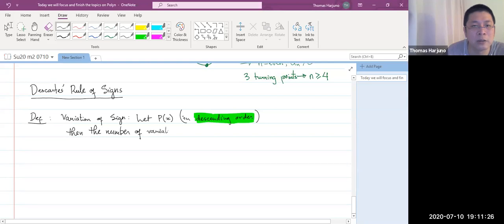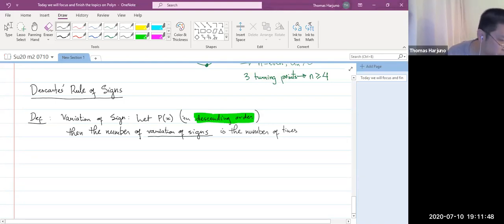variations of signs is the number of times the two consecutive coefficients have opposite signs.